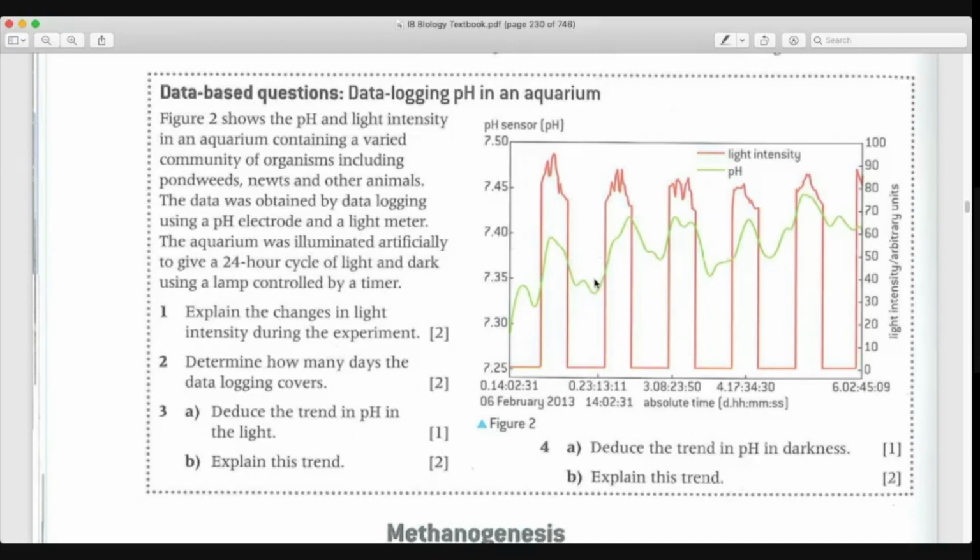Everything begins to drop and the cycle continues to go on and on like that.